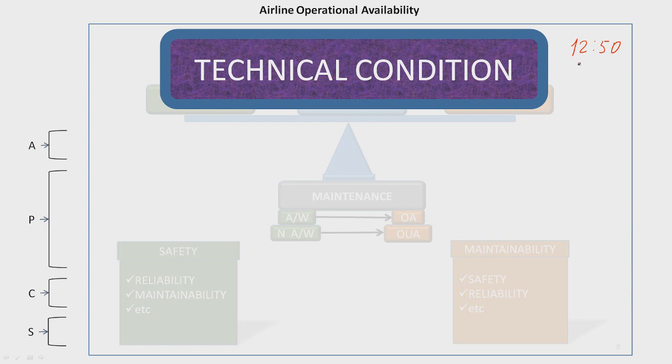Pilot starts engine number 1 and then tries to connect the AC generator, but unfortunately, the pilot fails to connect the AC generator. So left AC generator is inoperative. Now, 20 minutes ago, the mechanic signed the paper saying that aircraft is airworthy based on available information. And 20 minutes later, left AC generator is inop.